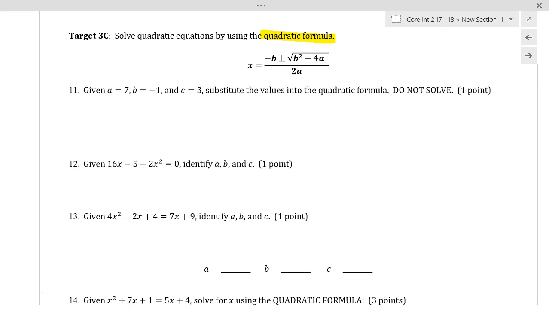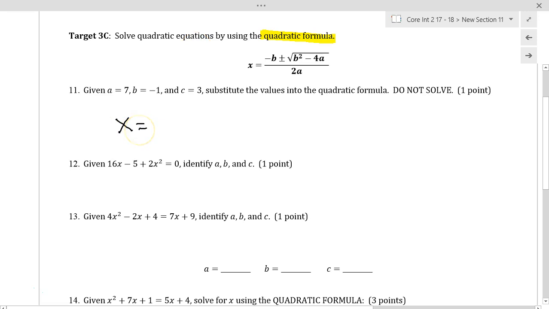Looking at number 11, given A equals 7, B equals -1, and C equals 3, substitute the values into the quadratic formula. Do not solve. Okay. So remember, we're going to rewrite our quadratic formula.